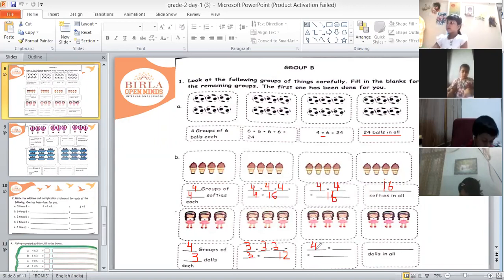And which number are we repeating? 3, ma'am. Yes. So we will write here 3. So 4 multiplied by 3. So 4 threes are 12. Very good. So after the equal to sign, we will write here 12. That's correct. Very good, Anik.